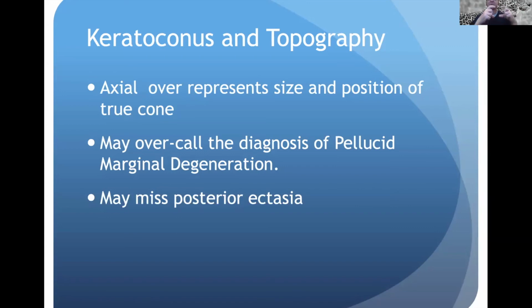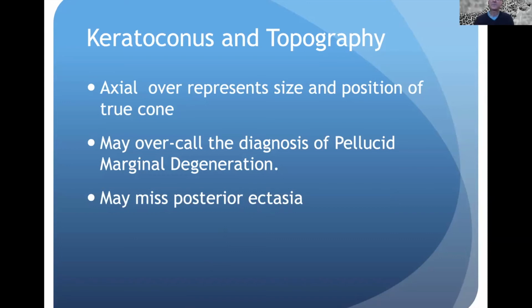But just remember, everybody thinks about the kissing bird sign or the crab claw sign, and if you see a picture of a crab claw or the kissing bird sign, don't automatically jump to the diagnosis of pellucid marginal degeneration. And of course, what we're all looking for is the needle in the haystack, which is the patient who has a normal anterior curvature yet has an abnormal ectasia or elevation, bulging of the posterior surface of the cornea.